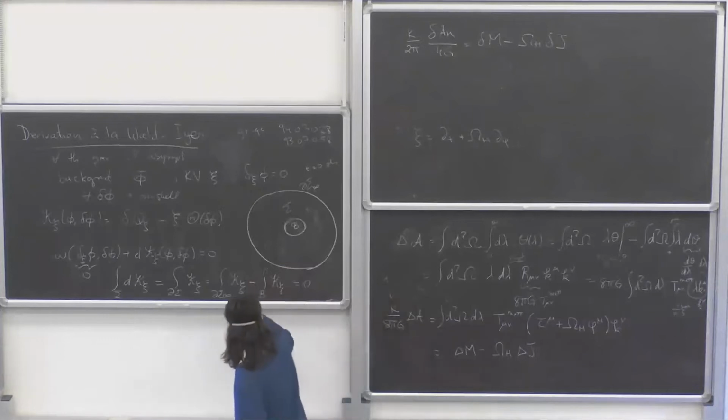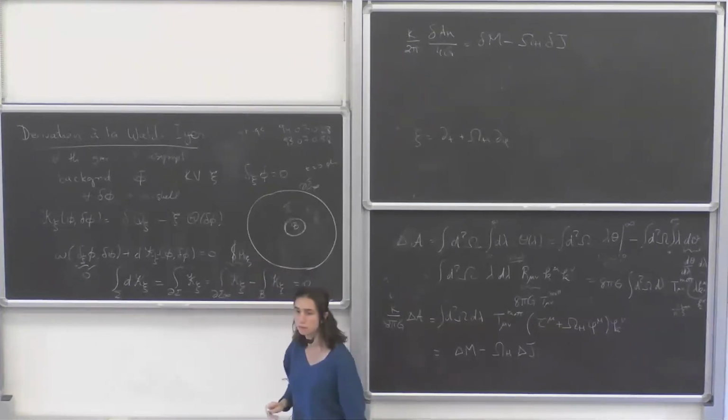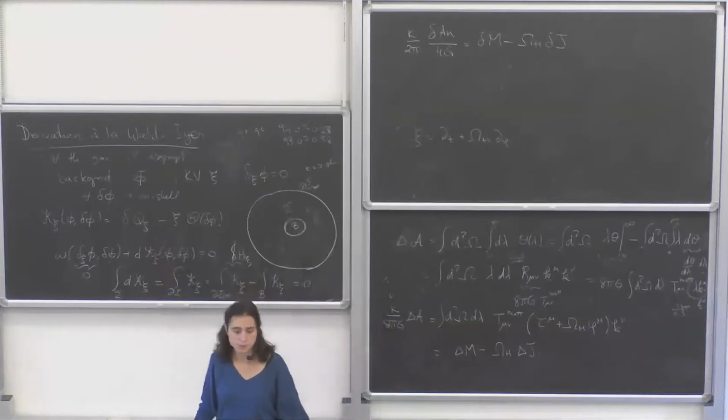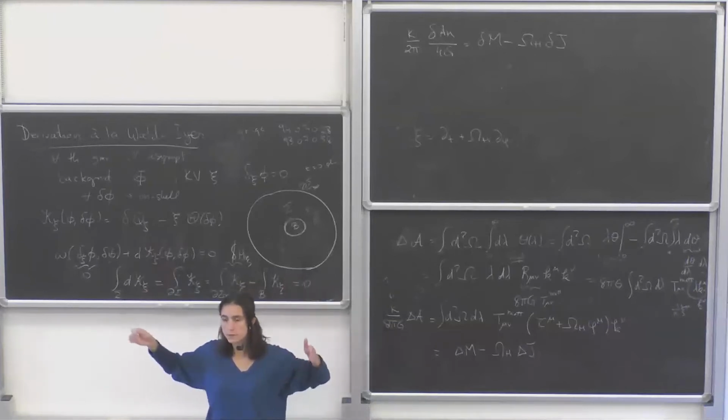Okay. And now the point is that this is what we call delta slash of x_c or something like that. So the integral of k_c over the sphere at infinity gives you the infinitesimal difference in charge between two infinitesimally close backgrounds.